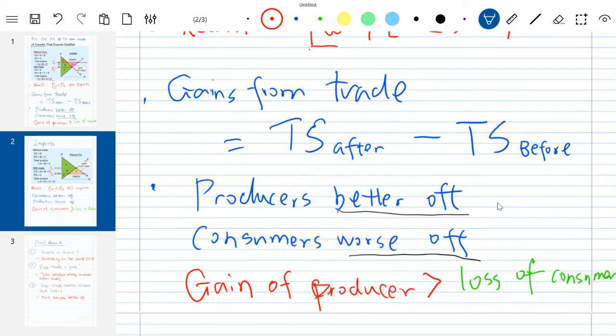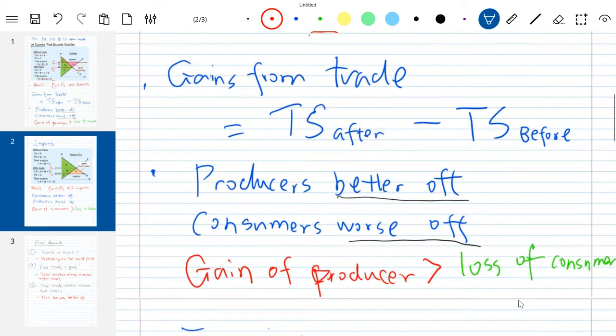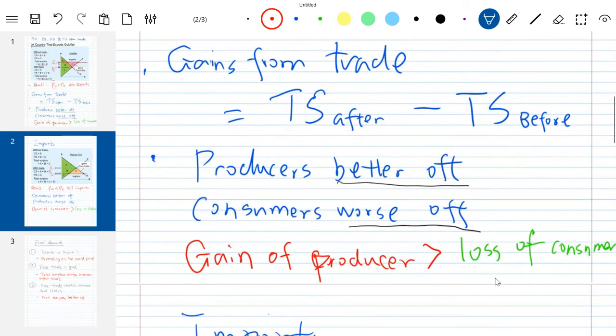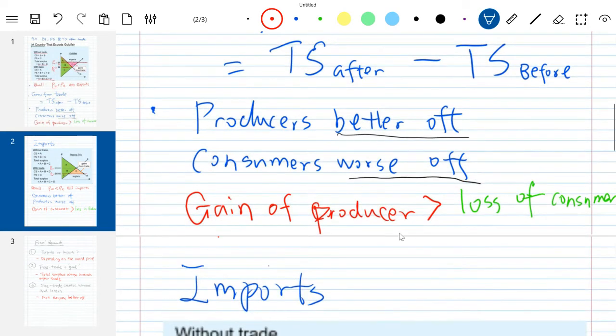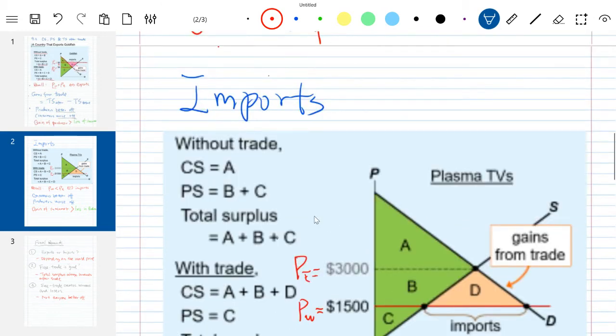So consumers get worse off. But the gains to producers are greater than the loss to consumers. That is the reason why the total surplus would increase, because the positive influence is greater than the negative influence of international trade.